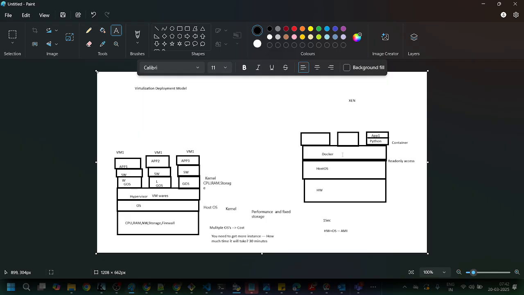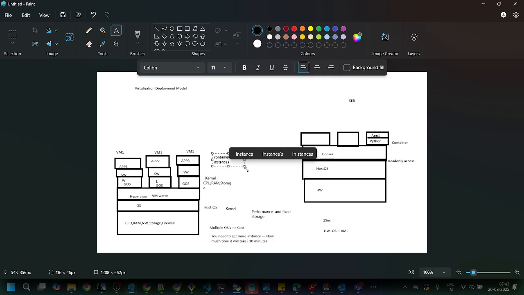So the container is isolated. Consider the container as an instance. A container is nothing but an instance.